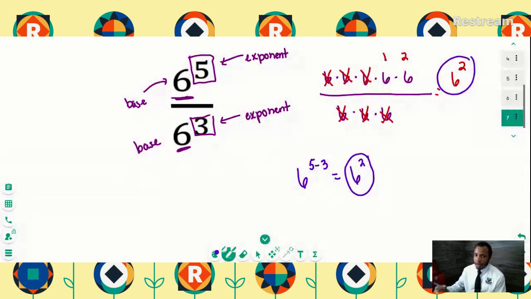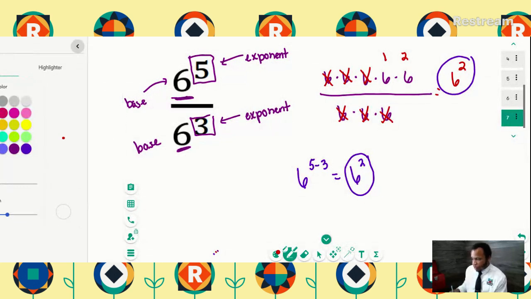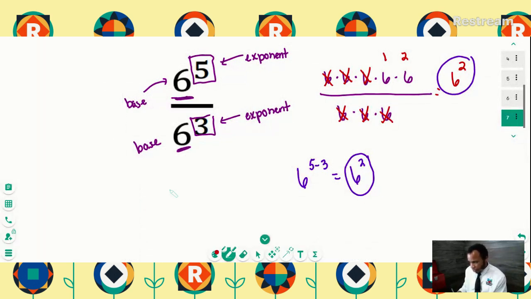So now earlier, I mentioned that this is really more convenient when you're dealing with large numbers, and I'll give you an example. So for this one, let's use 2 to the 20th power divided by 2 to the 9th power.